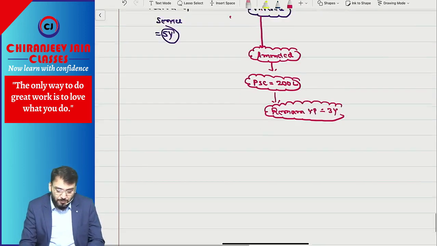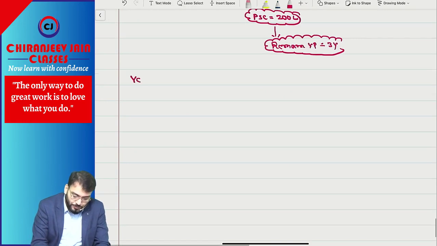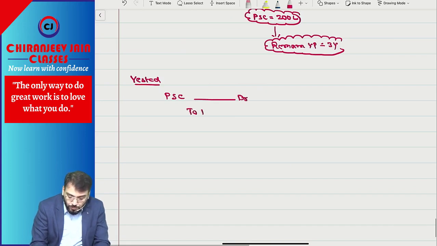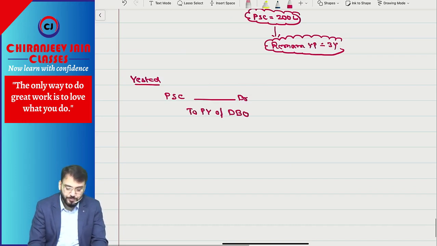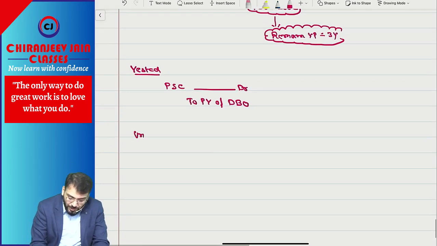It means, for a vested plan, what journal entry will we do? We'll say past service cost account debit to present value of DBO. For unvested, what journal entry?